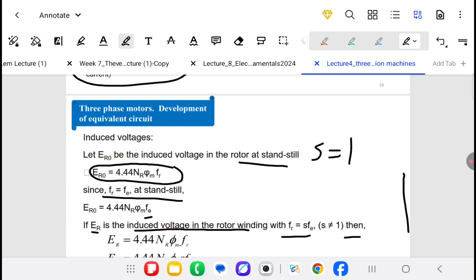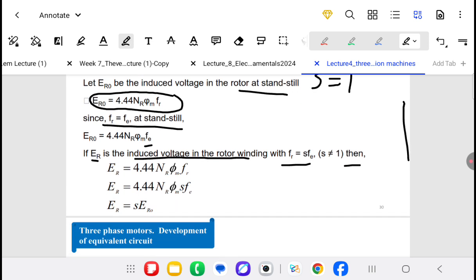Then we have E rotor equals 4.44 times NR times phi maximum times F rotor, where we can substitute F rotor by S FE. We have E rotor equals S, the slip, times the rotor induced EMF at standstill, which is ER naught.